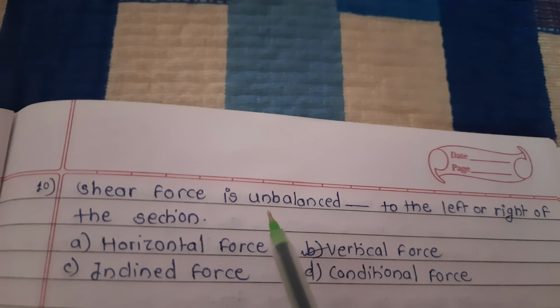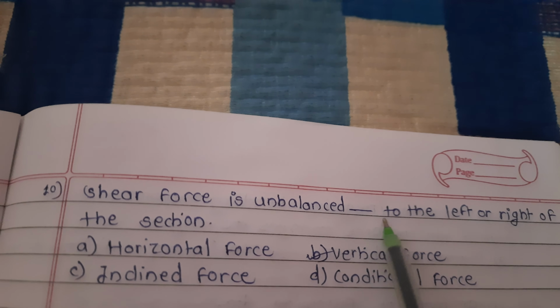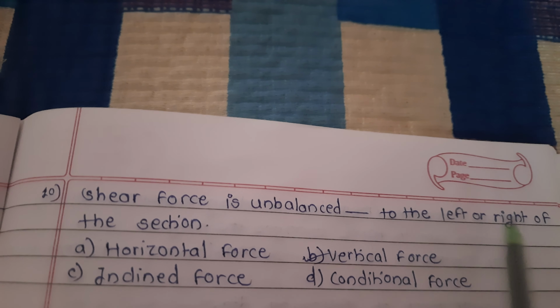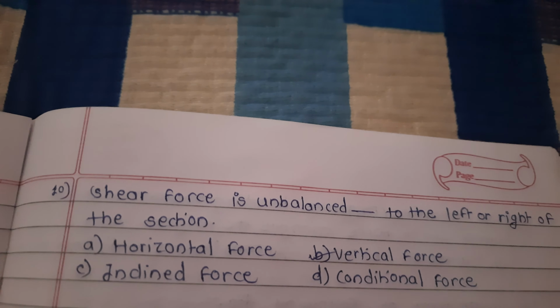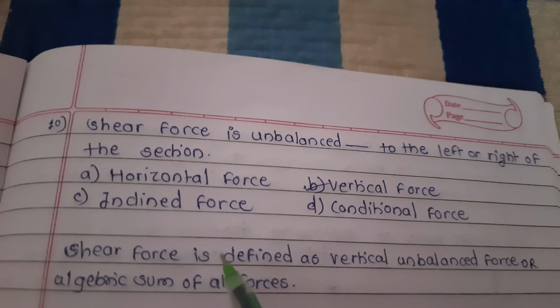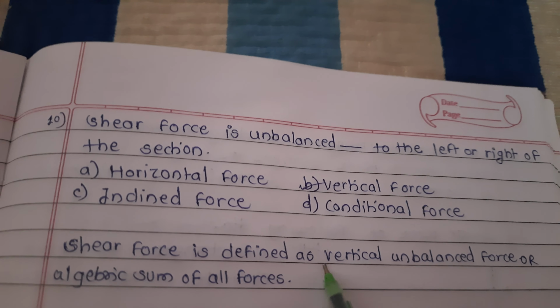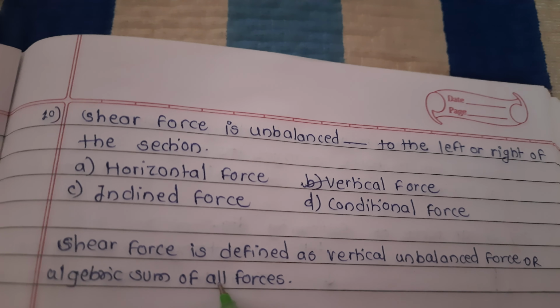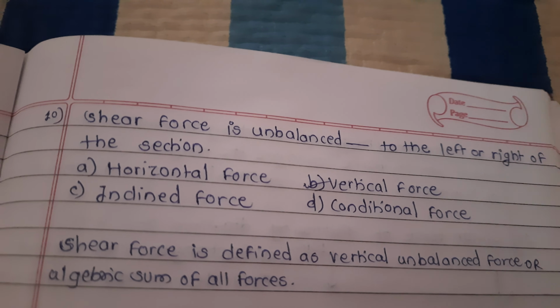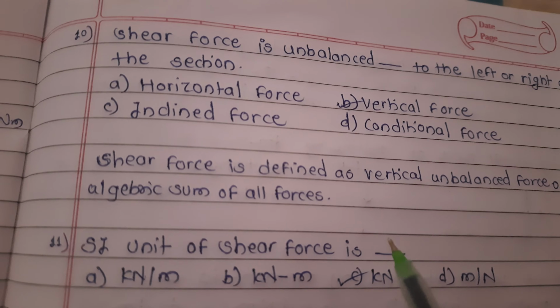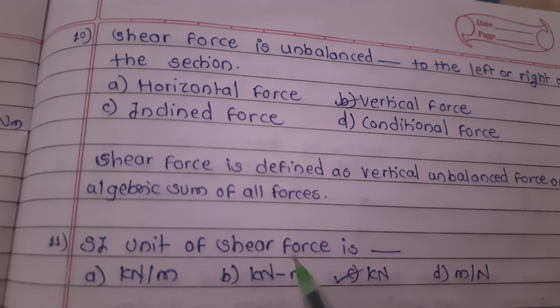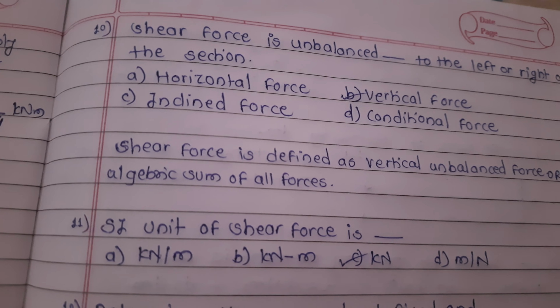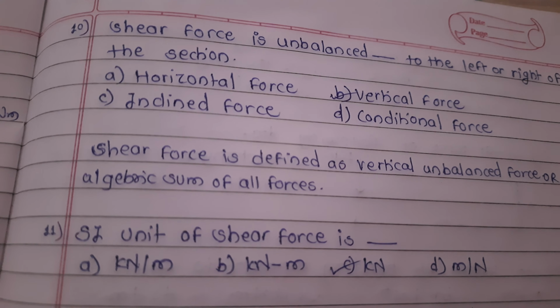Shear force is the unbalanced dash dash to the left or right of the section, vertical force. Because shear force is defined as the vertical unbalanced force or algebraic sum of all forces. The SI unit of shear force is kilonewton, because shear force is a force.